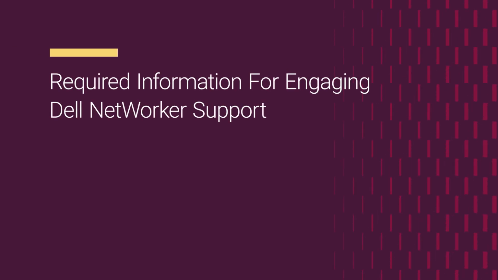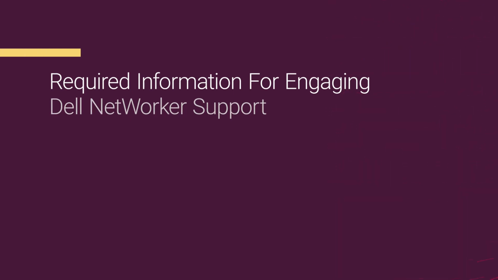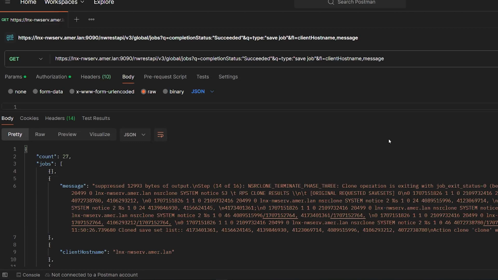When encountering REST API issues, there are a number of files you'll want to look at. When engaging support, collect these files along with system information. You'll also need to define the REST API function being performed.